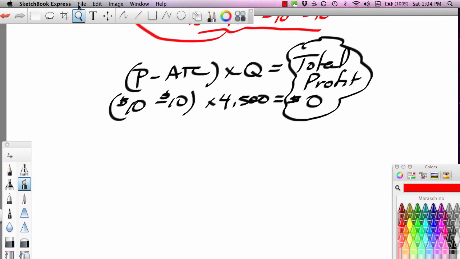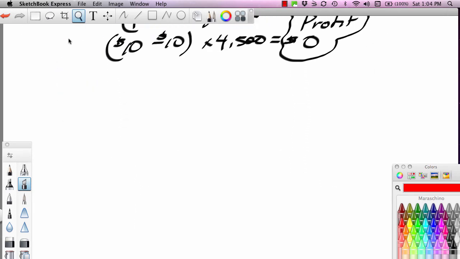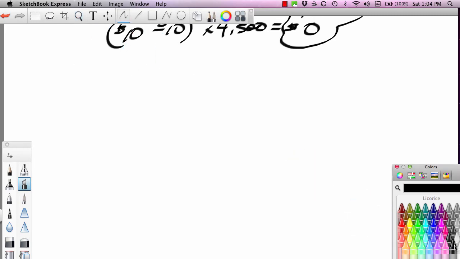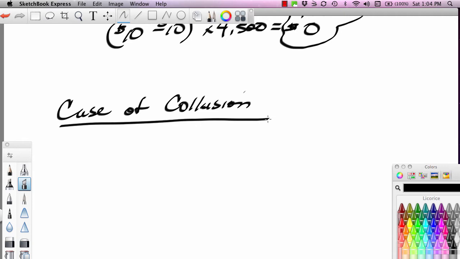Let me go ahead and write some of this out for you so you have some of this in your notes. So let's go ahead and go to black. We're back to our writing. So this is going to be the case of collusion. And in the case of collusion, let's just define collusion first.